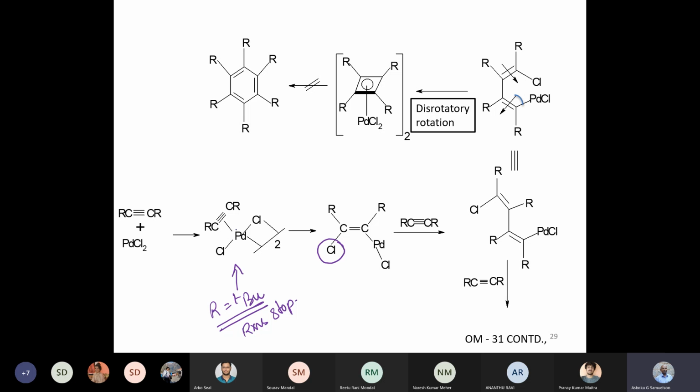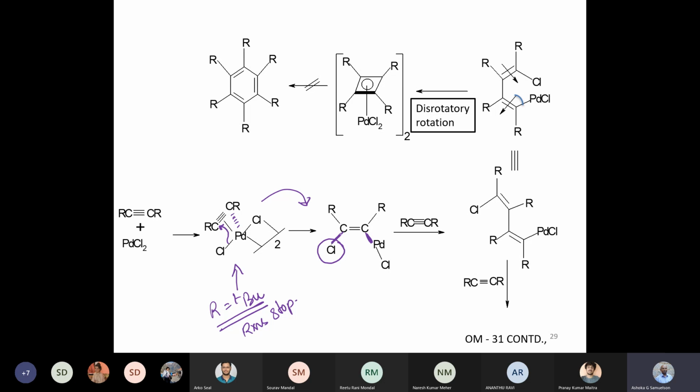So this is an alkyne, and if I now do a migration onto this carbon and form a palladium carbon bond, I end up with this intermediate. You can see that one new carbon palladium bond is formed, and a new carbon chlorine bond has also been formed.